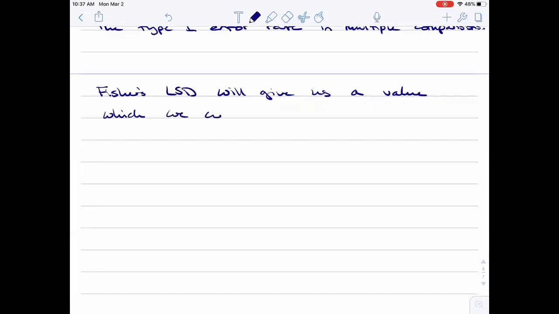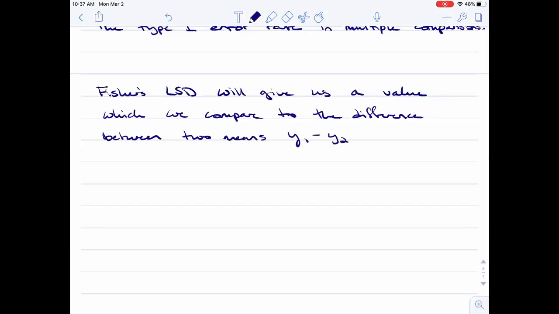So Fisher's LSD will give us a value which we compare to the difference between two means, y1 bar minus y2 bar, for example.